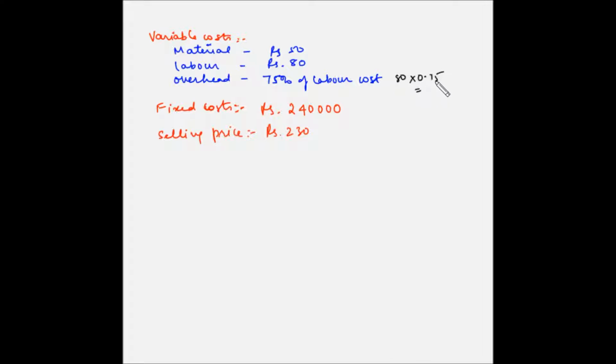So 8 5s are 40, 4 carryover, 7 8s are 56, plus 4 is 60, and one more 0 of 80, and then there is a decimal at two places, so 60.00 rupees.